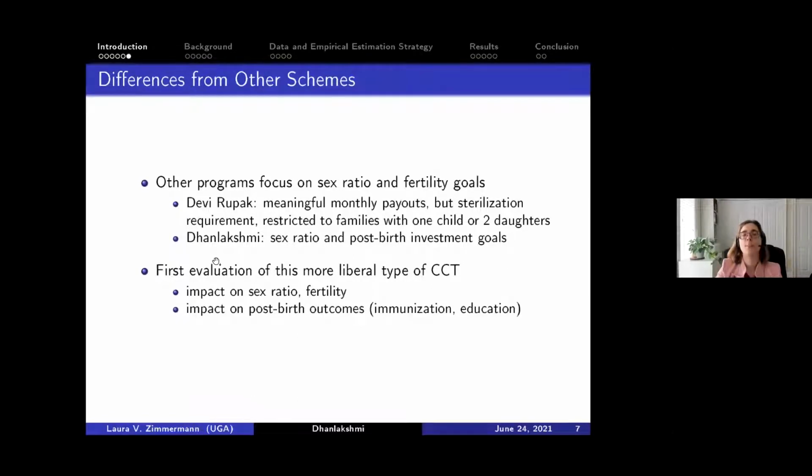And so our main interest, therefore, first order interest, is in figuring out what is the impact of this Dhanlakshmi scheme on the sex ratio, but then also on fertility outcomes. And then we'll also look at some other post-birth outcomes, specifically immunization and education.